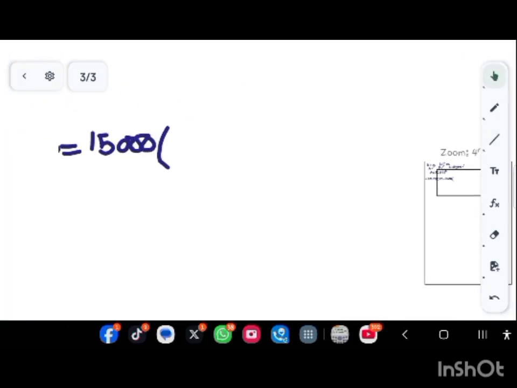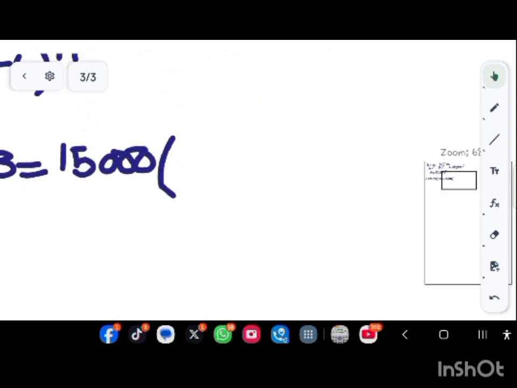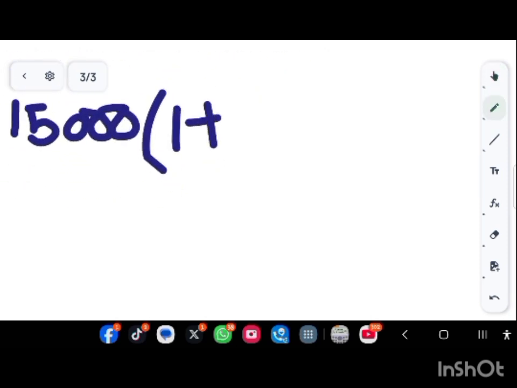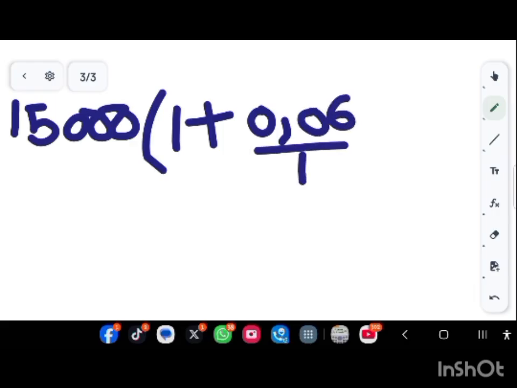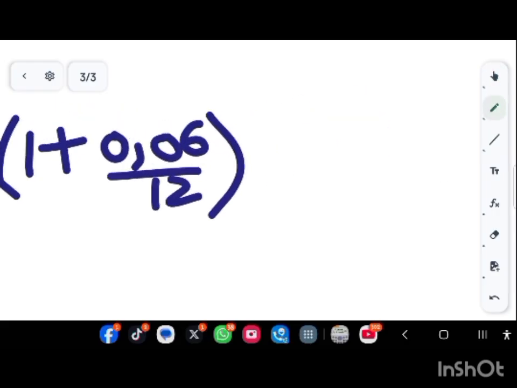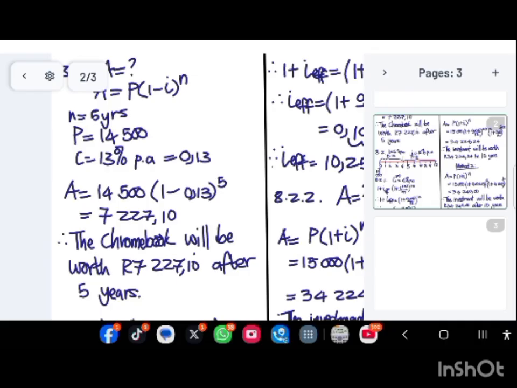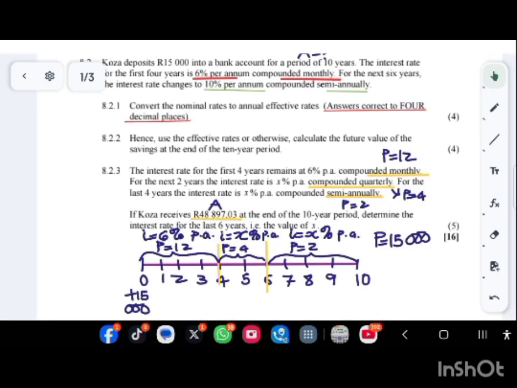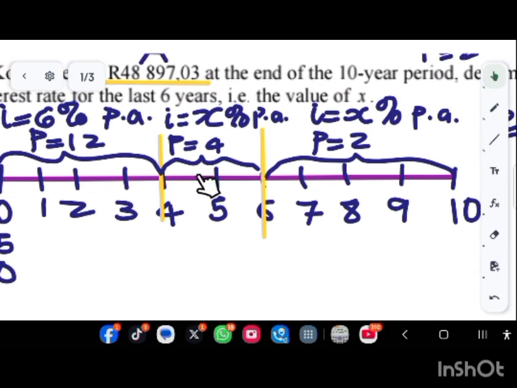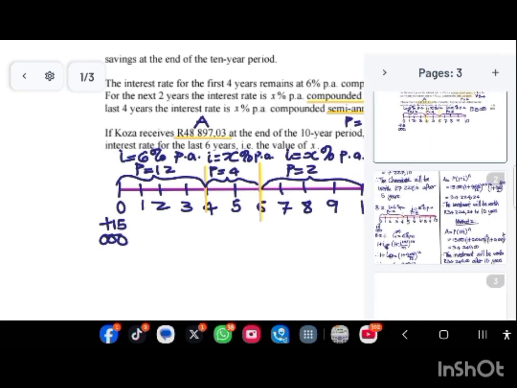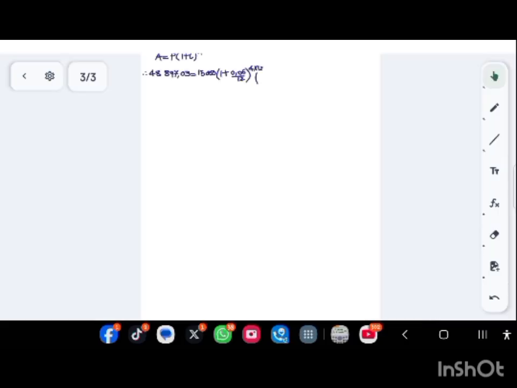This amount is subjected to the first interest rate, 6% per annum, compounded monthly for 4 years, so that will be 4 times 12. The second interest rate for the next 2 years is X% per annum, compounded quarterly.